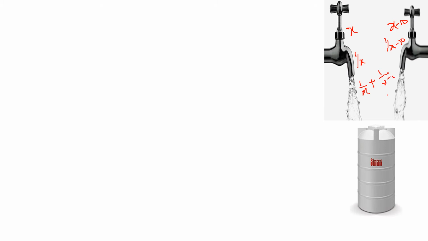This is the portion of the tank filled by both the taps in 1 hour. But it is said in the question that the whole tank is filled by both the taps in 9 upon 8 hours.